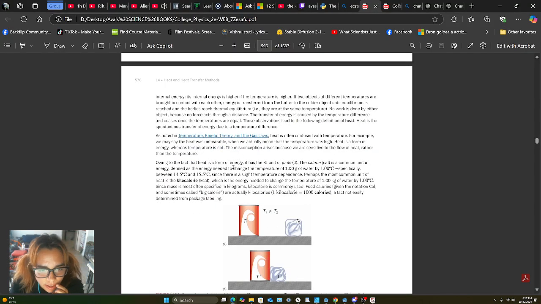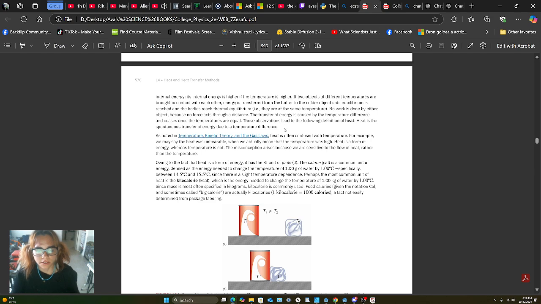As noted in temperature, kinetic theory and gas laws, heat is often confused with temperature. For example, we may say that heat was unbearable when we actually mean that the temperature was high. Heat is a form of energy, whereas temperature is not.